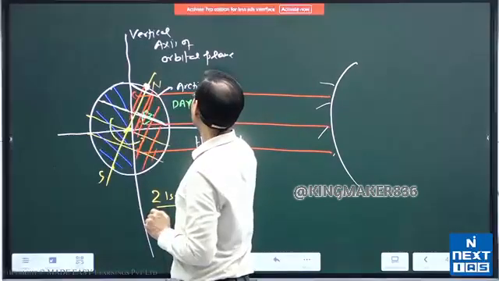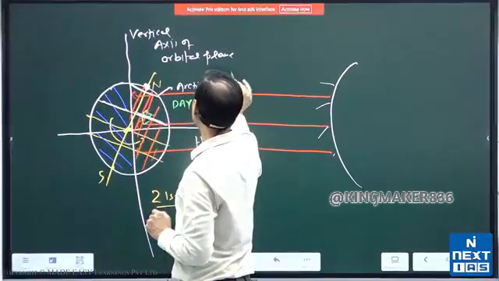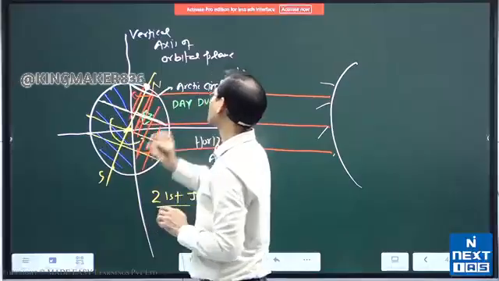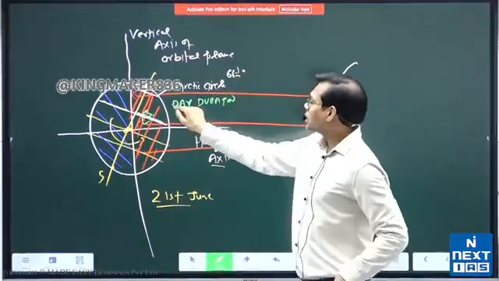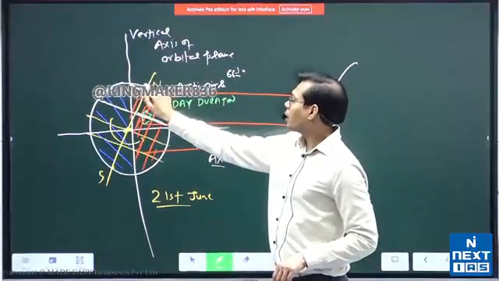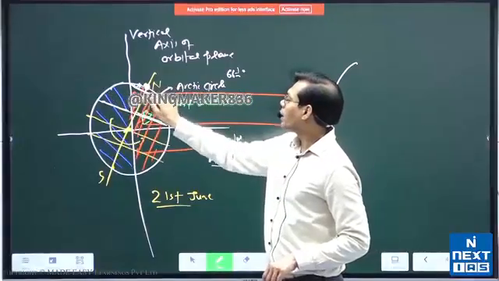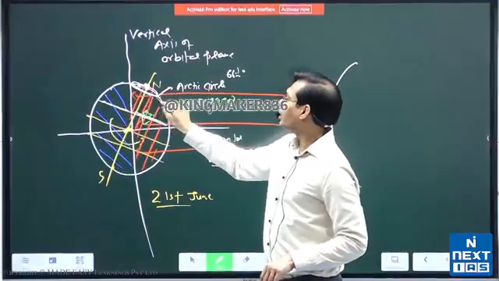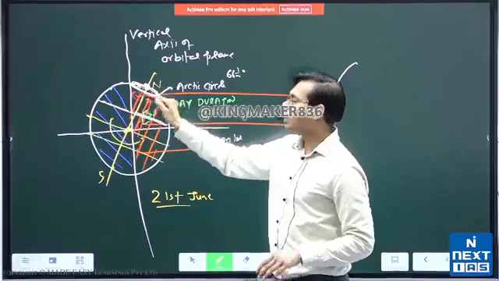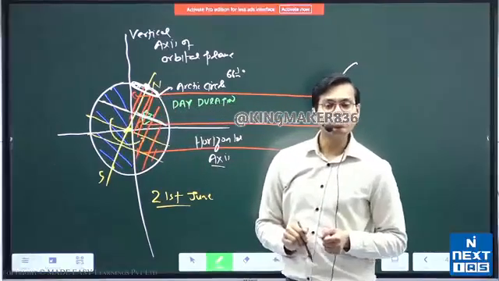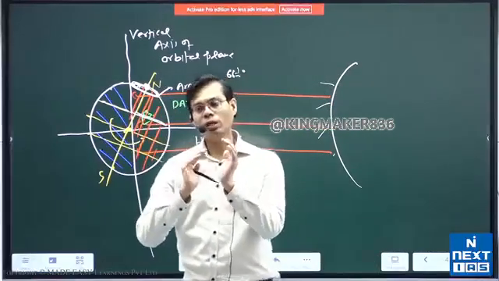Arctic Circle. How much is the latitude of the Arctic Circle? 66.5 degrees. Then if a person is here and this part is rotating, is it entire daylight or entire night? Sunlight, daytime. So due to the tilt, you can say there is a 24-hour day here.